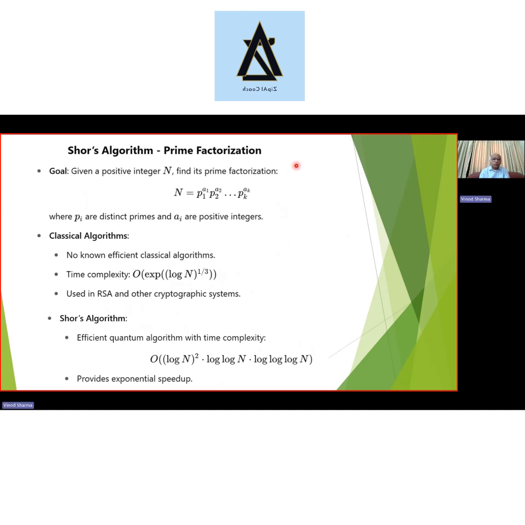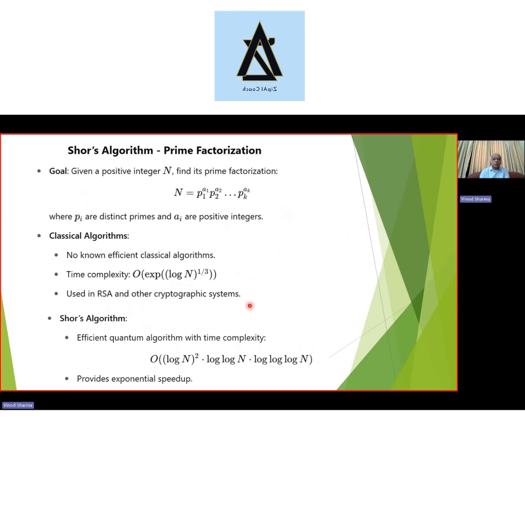Shor's algorithm, a quantum algorithm, can actually compute these prime factors in time complexity of the order of (log n) squared, log n, log n. So basically, here is the order of n, and here is the order of log n. So you get an exponential speedup.